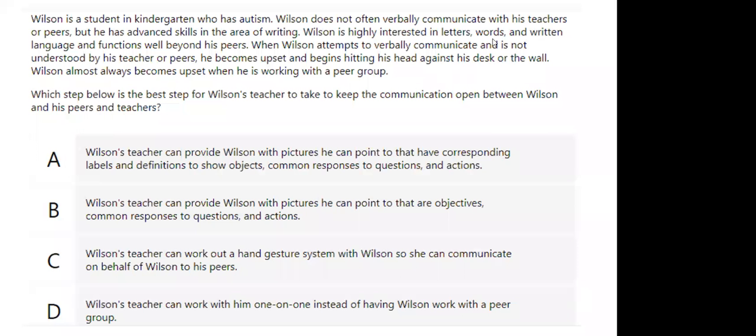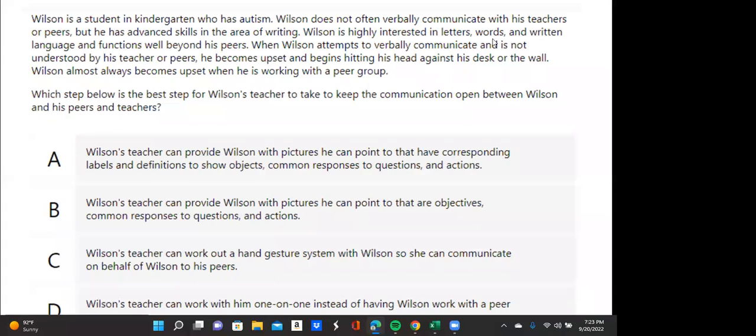This is a long scenario. Wilson is a student in kindergarten who has autism. Wilson does not often verbally communicate with his teachers or peers, but he has advanced skills in the area of writing. Wilson is highly interested in letters, words, and written language, and he functions well beyond his peers.